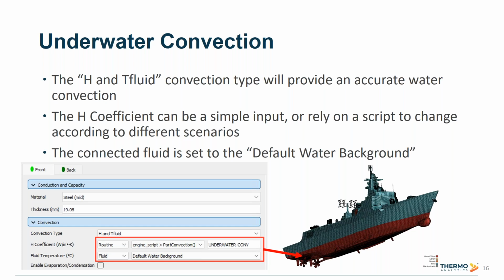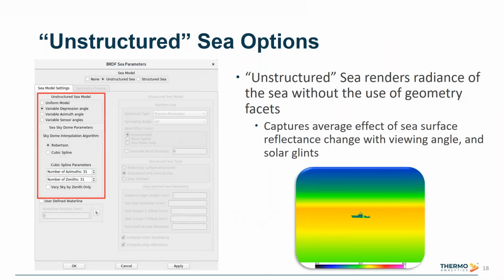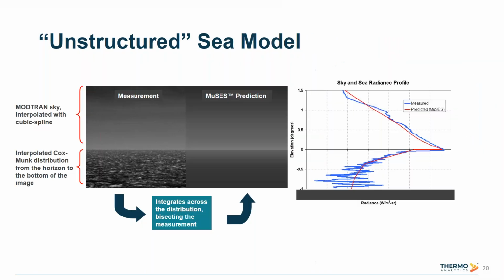Okay, thank you. I tend to see simulated ships represented with much less IR intensity than what is seen in thermal images from thermal cameras. Could this be due to not modeling solar reflections? Yeah, that could definitely be due to solar reflections.